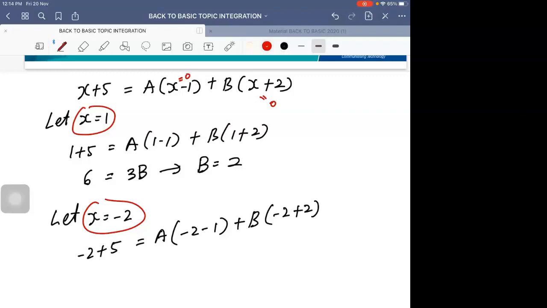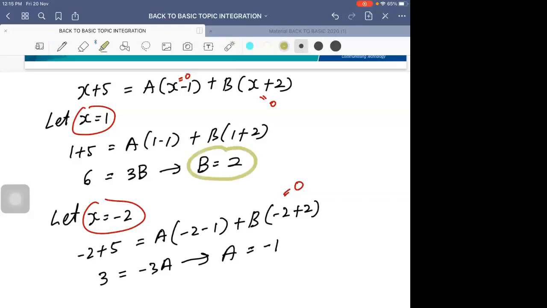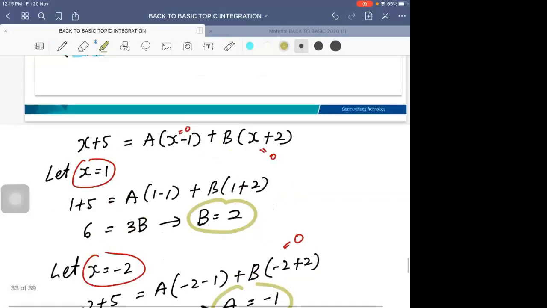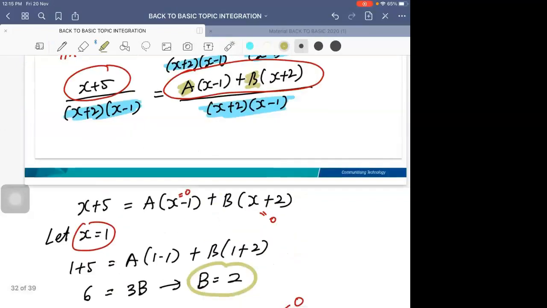Students, this term is 0, we already eliminated b. We are left with a. Negative 2 plus 5 is positive 3, negative 2 minus 1 is negative 3, so negative 3a. So a equal to negative 1.